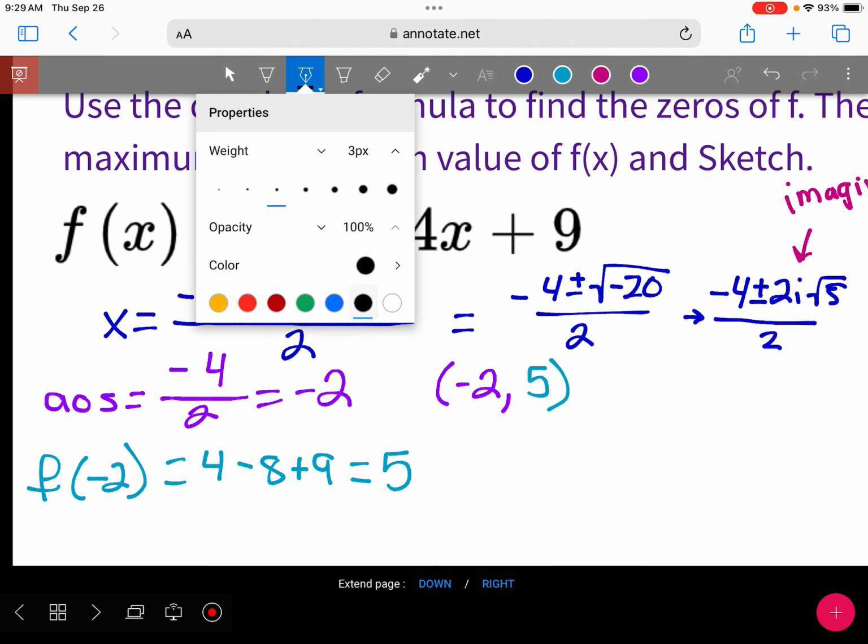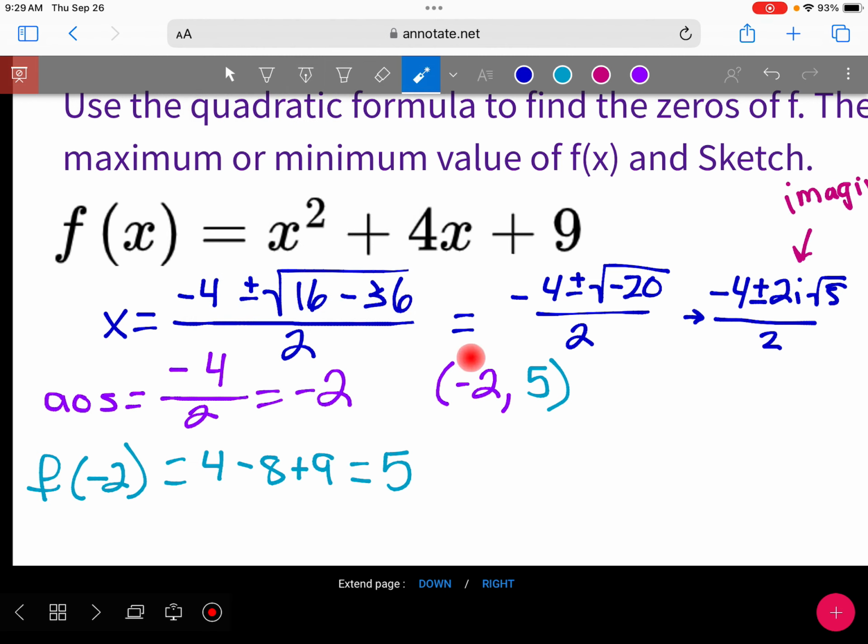So when we think about doing this as a little sketchy sketch, we know where our vertex is at -2, 5. We know we have imaginary roots, so it's never hitting the x-axis. We know our A is a +1, so is that going to point upwards or point downwards? Up. What's our y-intercept? That's an algebra 2, do we remember?